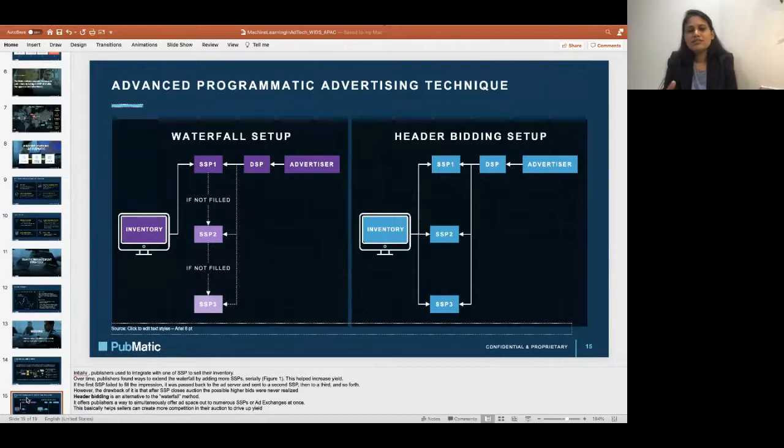In this scenario, the publisher is able to share its ad space or inventory with multiple SSPs at the given time. The benefit of this strategy is that sellers are able to create more competition among the SSPs, which ultimately helps them drive up their yield.